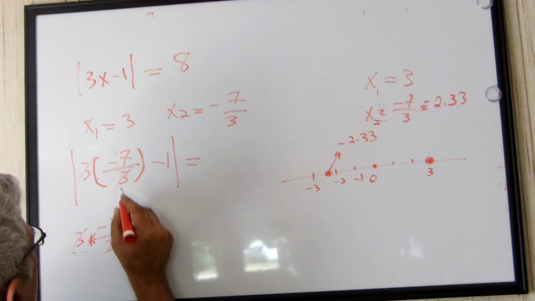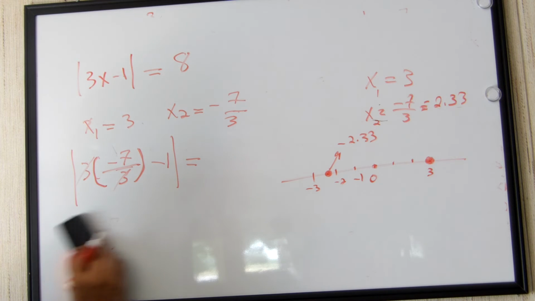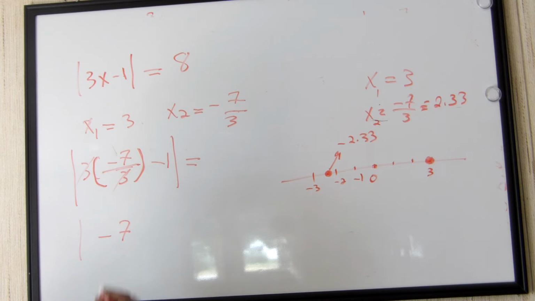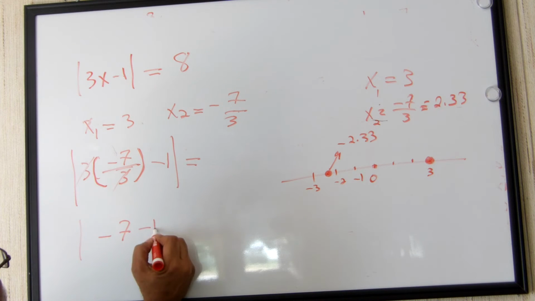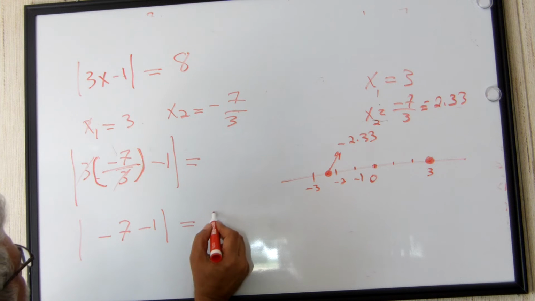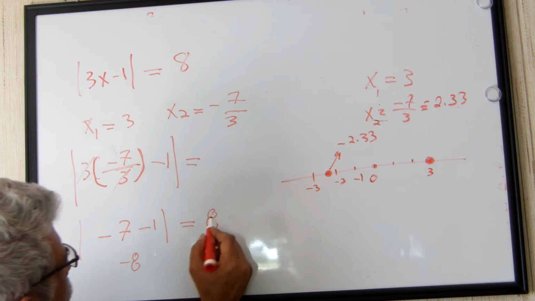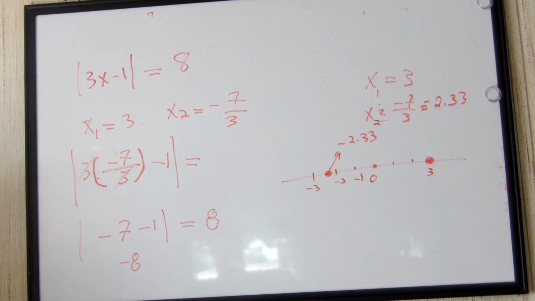It's going to be minus 7 and minus 1, which is minus 8. So when we have absolute value, this is going to be 8. 8 is equal to 8.